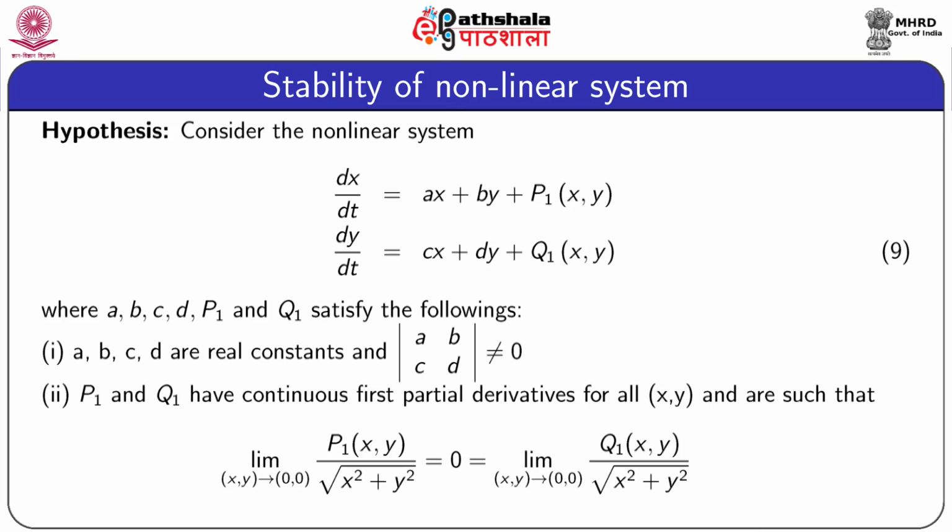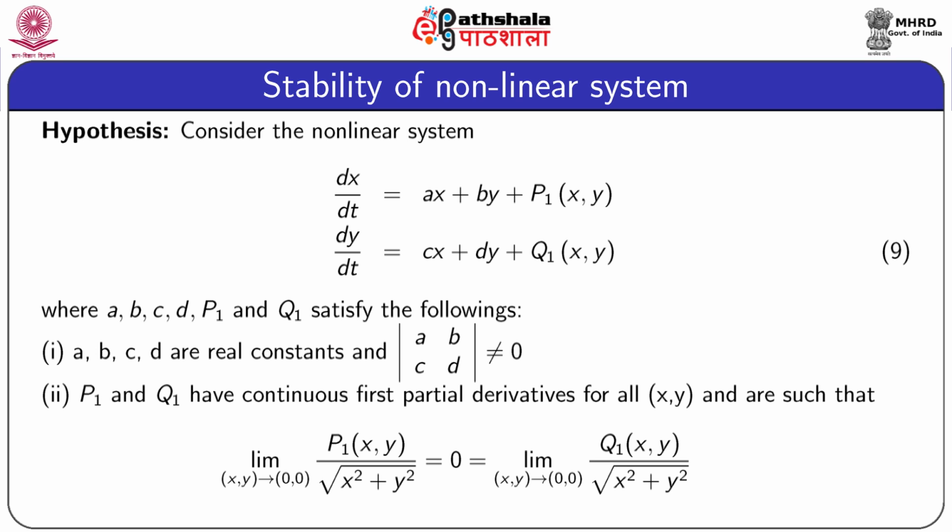Now, all these we have considered for the linear case only. Next, we will look into the system where we have to consider the nonlinear part. Whether the phase portrait remains the same is what we are going to find out in the case of nonlinear systems. We now look into the stability of the nonlinear systems.